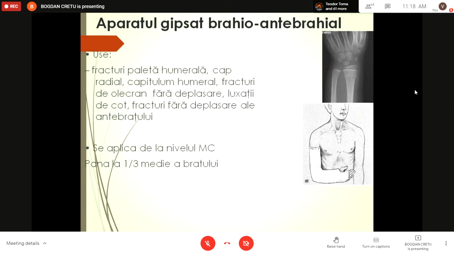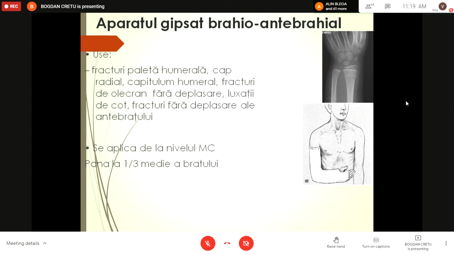The brachio-antebrachial immobilizations are used in distal humeral fractures, radial head and capitulum fractures, olecranon fractures, after reduction of elbow dislocation, and for fractures without any movement in the forearm, sorry, fractures without any displacement between the fragments in the forearm.